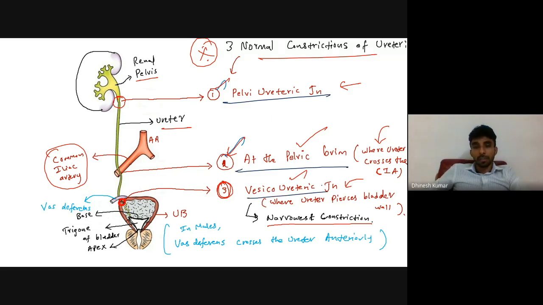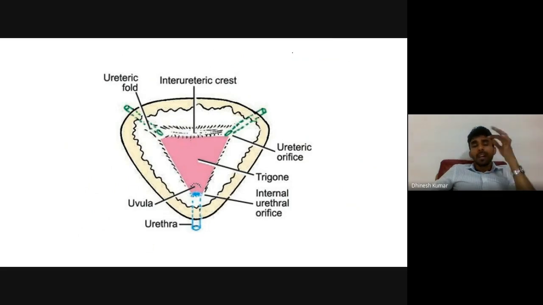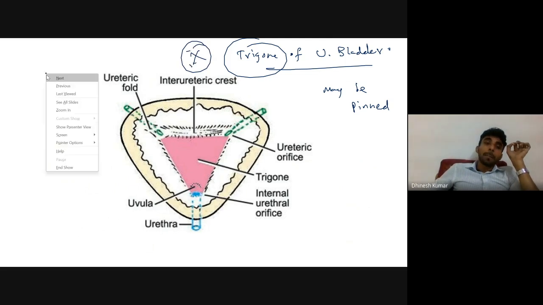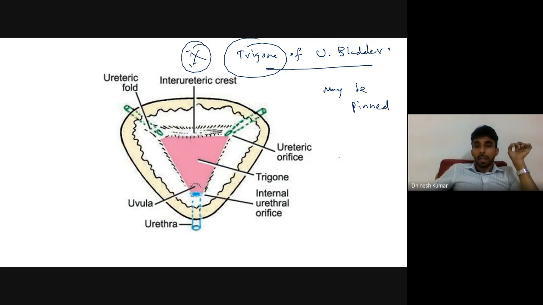Fine. Now, remember, sometimes in spotters, the trigone of the urinary bladder may be pinned. So take care of the boundaries of trigone and peculiar features of the trigone of the bladder.